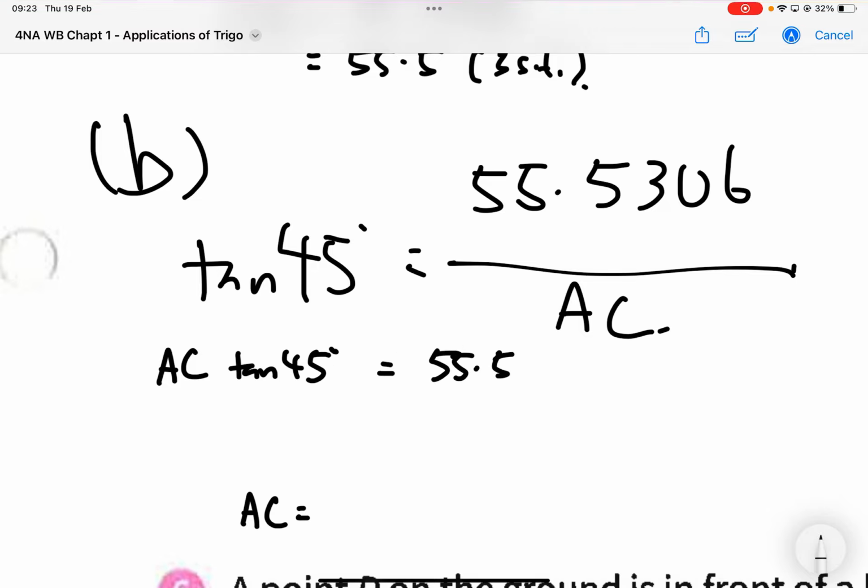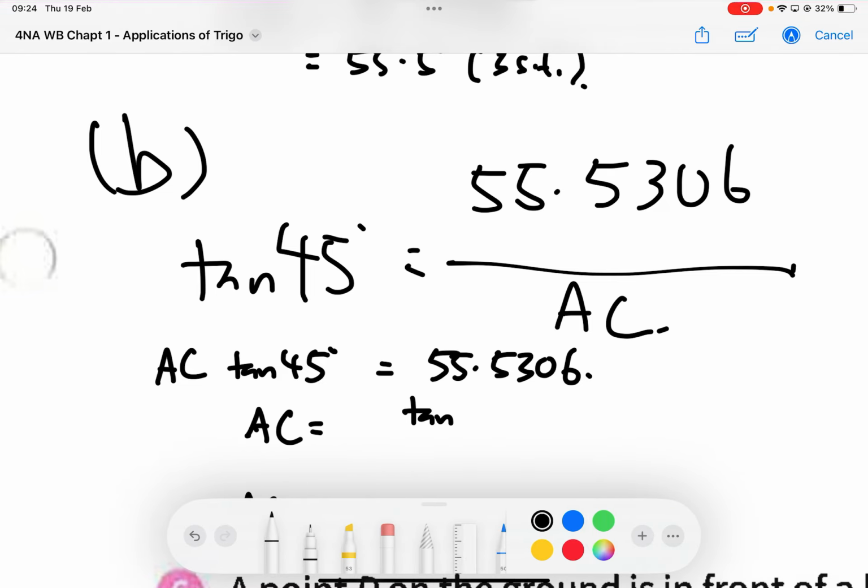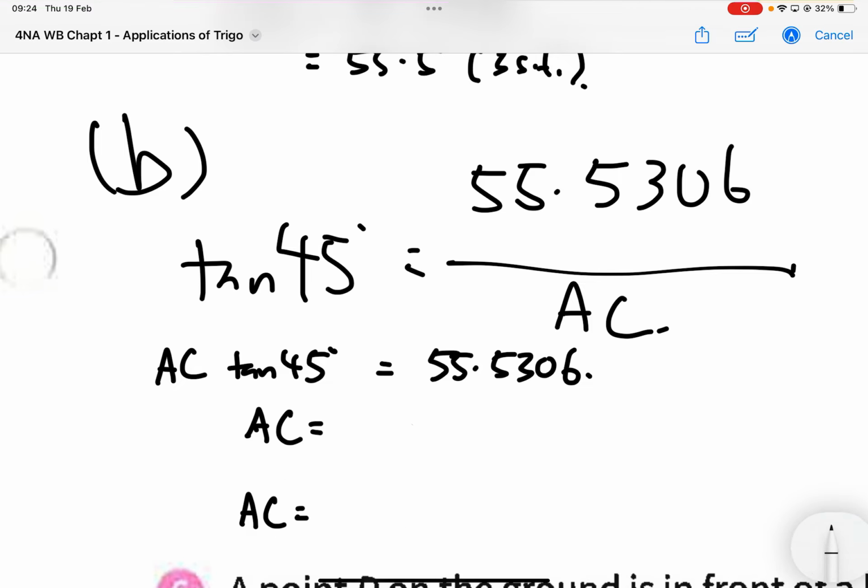The right hand side has no AC anymore, because the AC that I multiplied will cancel away. Then AC multiplied by a number, but I only want AC. So I have to divide by tangent 45 on both sides. The right hand side still has 55.5306, then I divide it by tangent 45. The left hand side, when I divide by tangent 45, will cancel away. So I'm only left with AC.